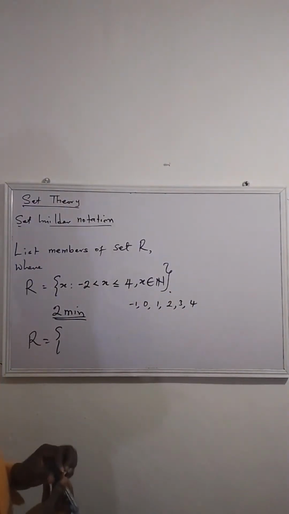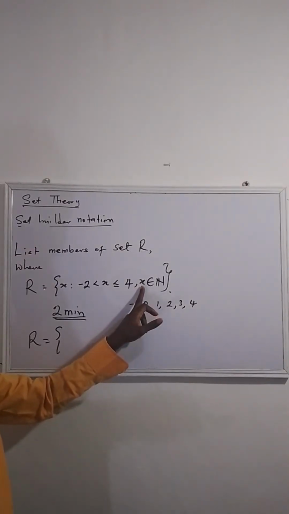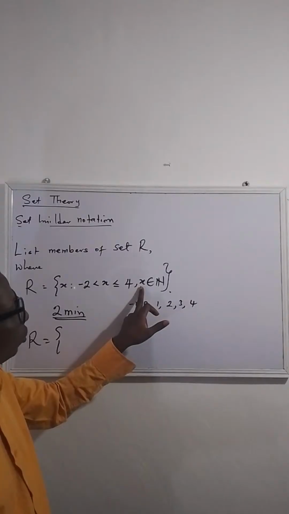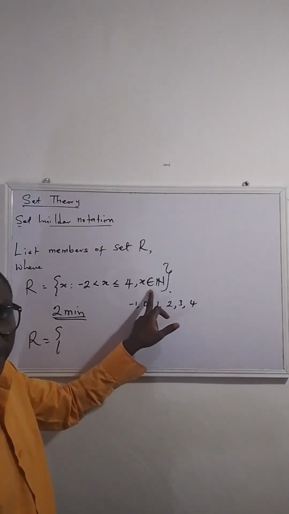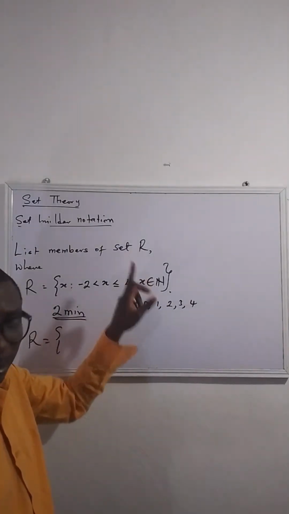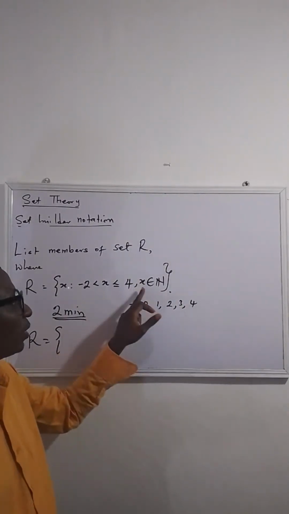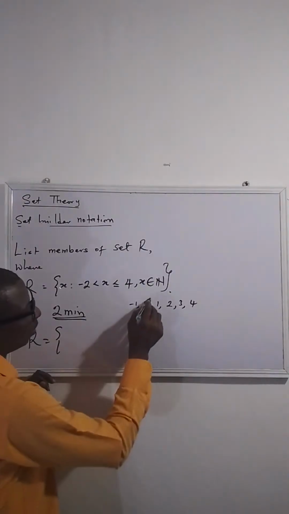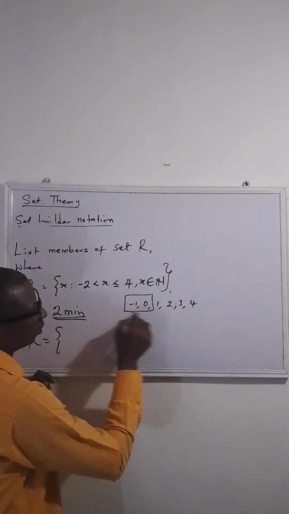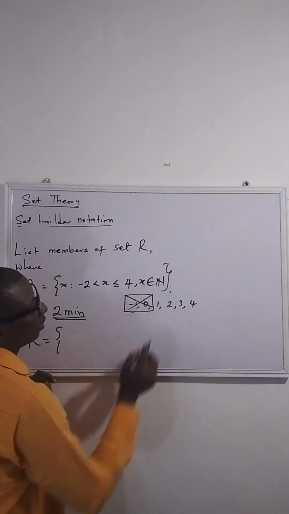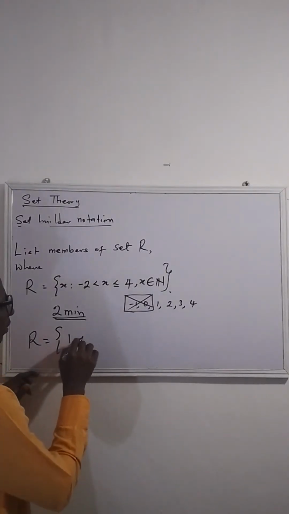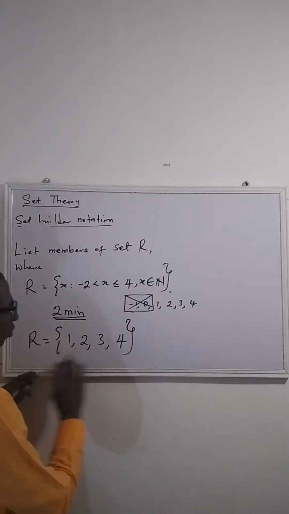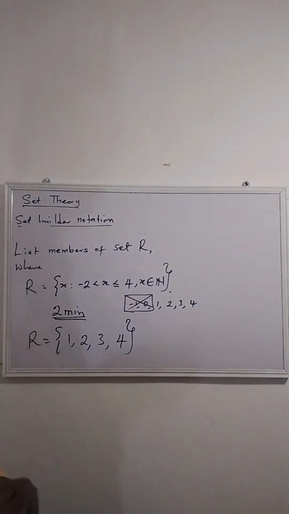But there is a constraint: you are to list only the natural numbers. So all of these are not inclusive, and this will not be there. So I'll be listing 1, 2, 3, and 4. This is going to be the answer to that problem.